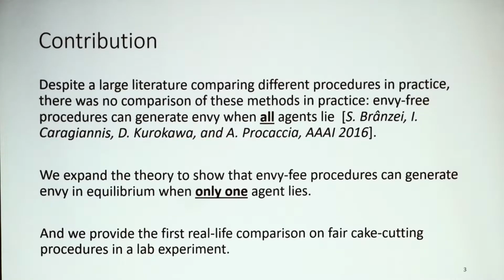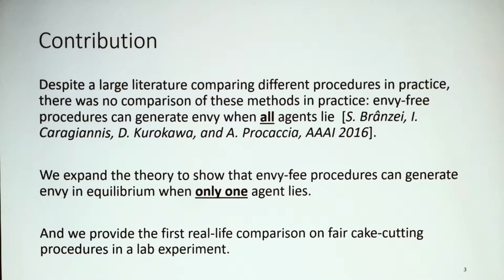So what we do theoretically here is to extend this result to show that in this procedure, you only need one person to lie to generate envy. And this happens in a sort of equilibrium way. This raises the concern of whether these very clever procedures could be applied in practice, because from the literature on applied mechanism design, we know that many people misrepresent their preferences in practice.